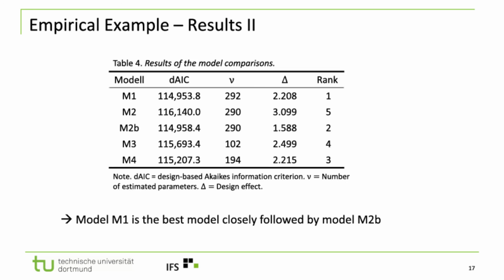And this is also reflected in the results of the model comparison. Here, model M1 is the best model according to the design-based AIC, but closely followed by model M2b, which has the smallest design effect among all models. Model M2, the model that makes the linearity assumption, performs worst among the considered models. Between them land the models M3 and M4.